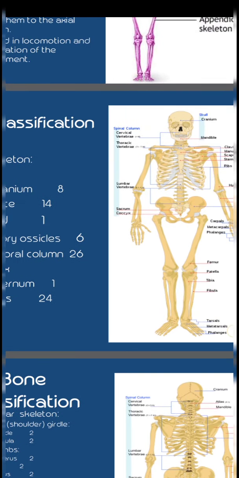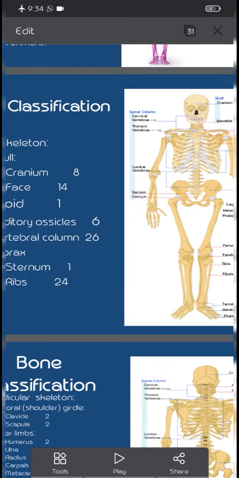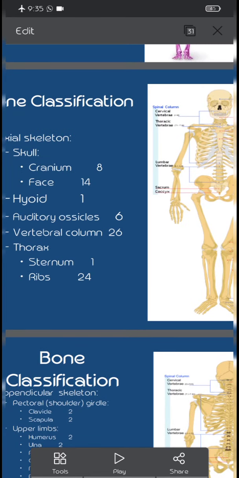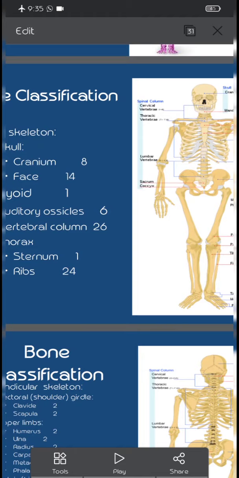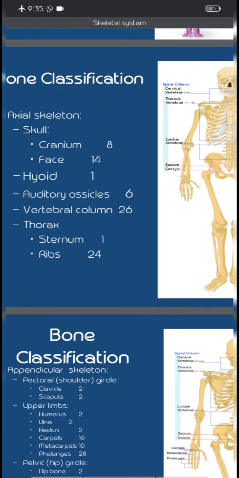Then there is one bone that is located near the throat, that is known as hyoid. There are 3 bones on each sides which make up our ear cavity. Those are known as auditory ossicles. They are the smallest bones in the body which are located in the ear.